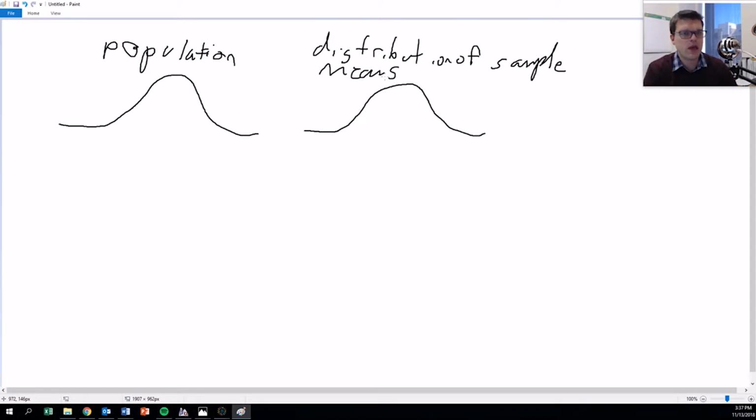Okay, so say we have a population of 3,000. All of the business students in all of Baylor, we've got 3,000 business students, and so we've got a total of 3,000 data points making up this population.